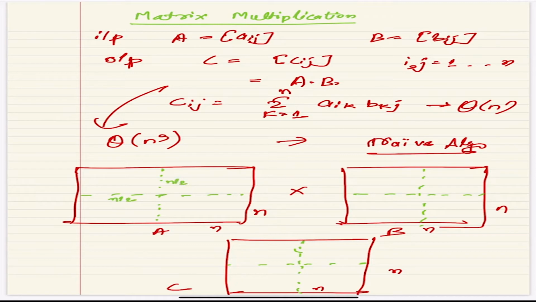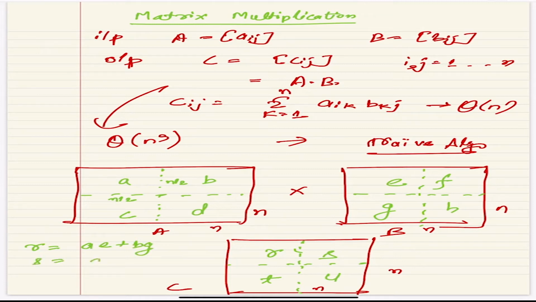Okay, so let's give them some names: A, B, C, D, E, F, G, H, and the output matrix shall say R, S, T, U. Now, first of all, can you convince yourself that I can write R, S, T, U in terms of A, B, C, D, E, F, G, H? Yes. So, what will be R? Well, to get R, you can think of A, B, C, D, E, F, G, H as if they are just elements. So R will be AE plus BG.